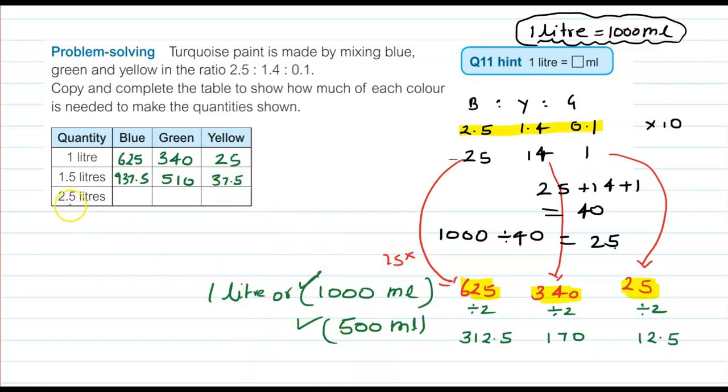So now 2.5 liter is left. For 1000 ml or 1 liter, to make 2 liter we will multiply by 2, which gives 2000 ml.